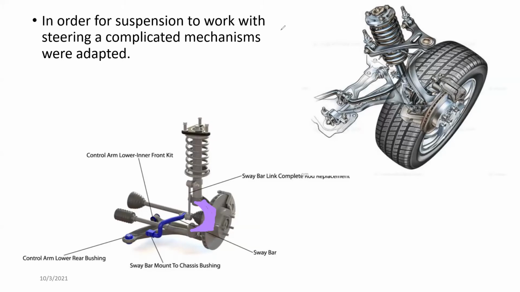From this steering knuckle, there's another shaft coming outward. This is the spindle. This is where we put the bearings and all.